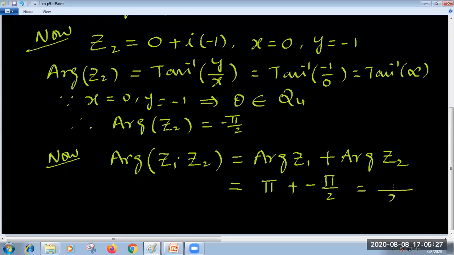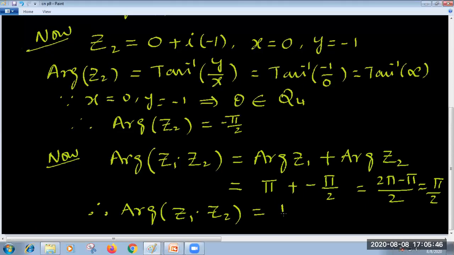Taking LCM, 2 pi minus pi is pi by 2. So therefore argument z1 into z2 is equal to pi by 2. So this is almost similar to the previous problem.